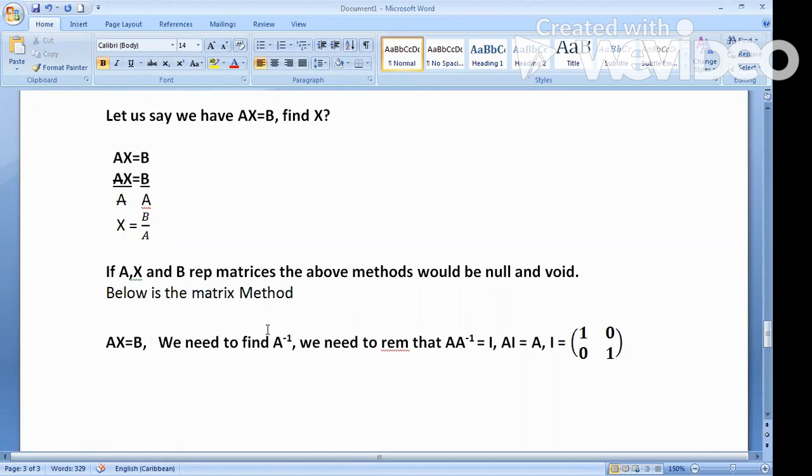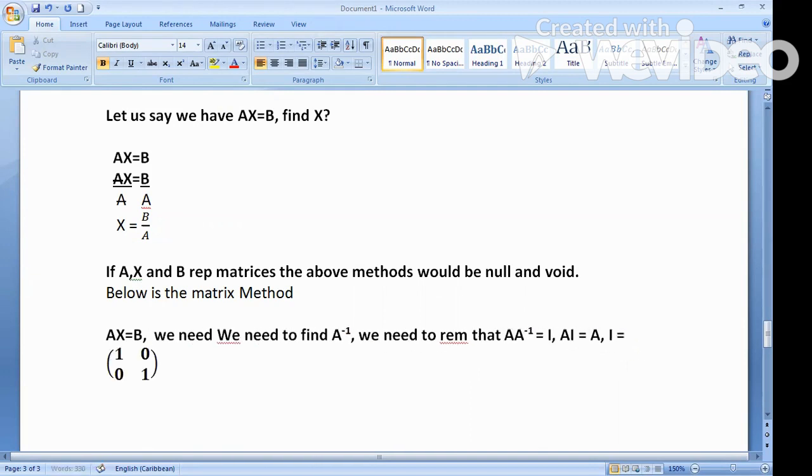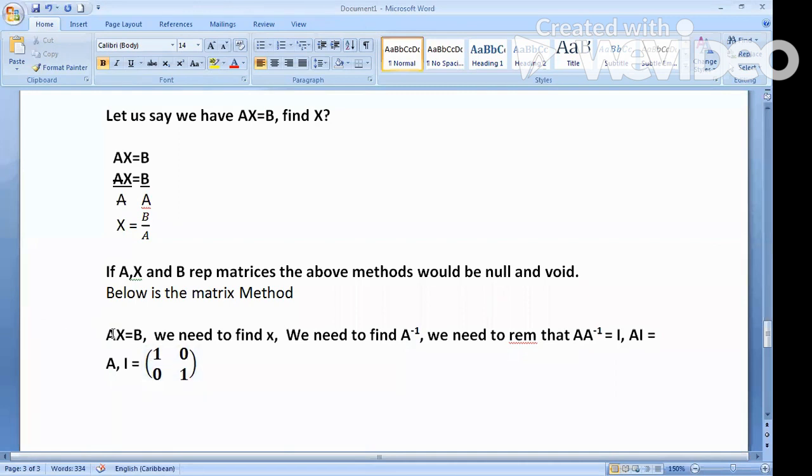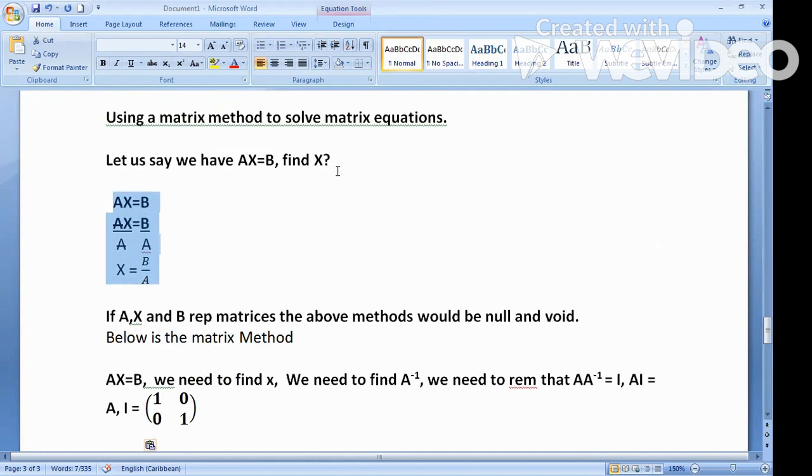Remember, we need to find X. We can't use the previous method, because that method only works if A, X, and B are regular numbers.